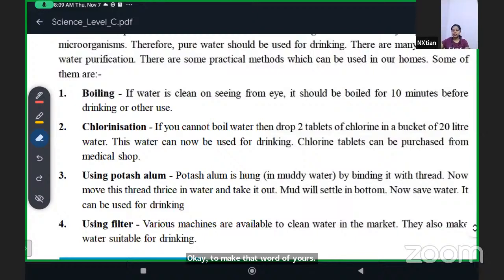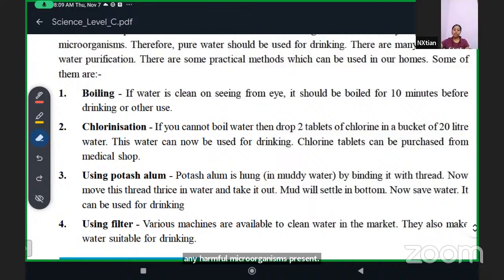If water is clean and safe from the eye, it should be boiled for 10 minutes before drinking or other use. People always recommend boiling the water because it kills the harmful microorganisms present in it. The heat kills any harmful microorganisms present in the water.